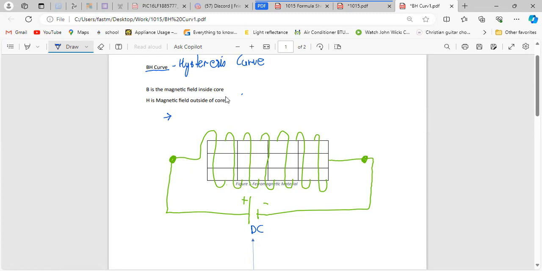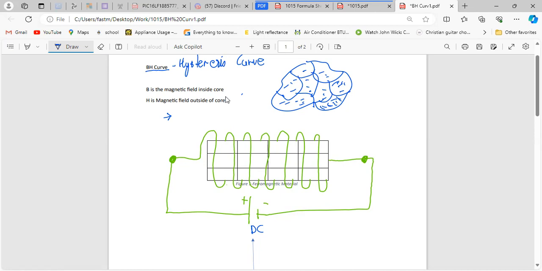You have millions and millions of them within different domains in the material, and they all point in different directions. The domains are normally not rectangular or uniform. They look like this, and inside there are millions of arrows like this, all pointing in the same direction in the domain.